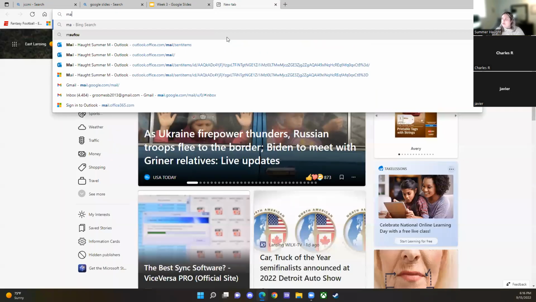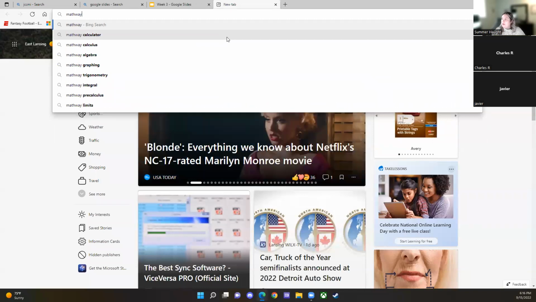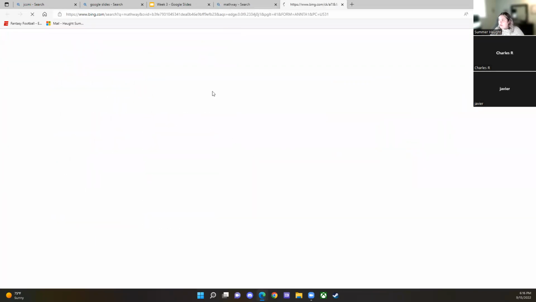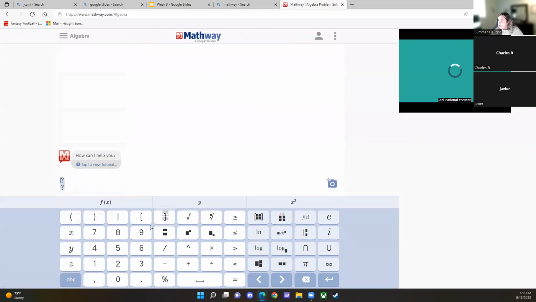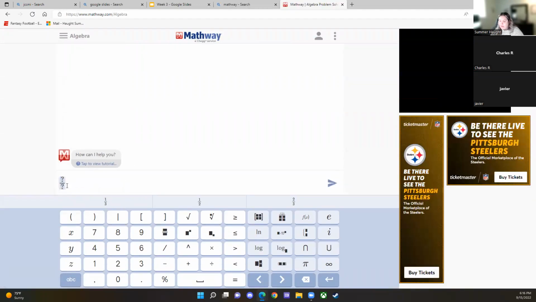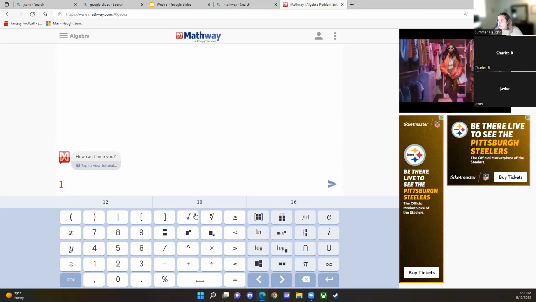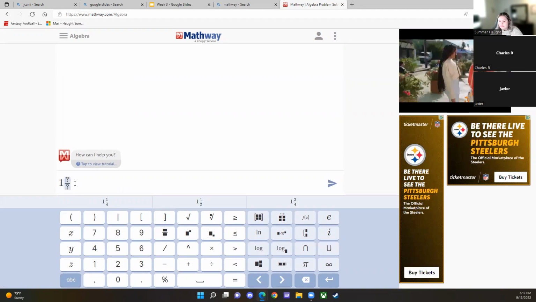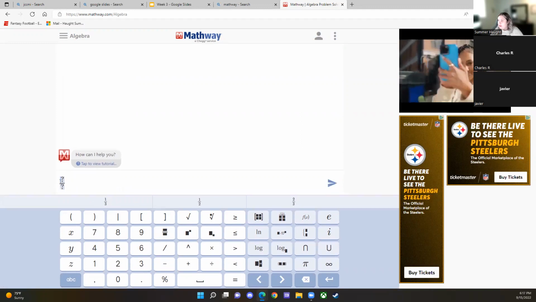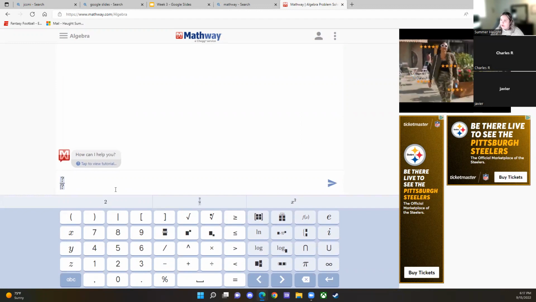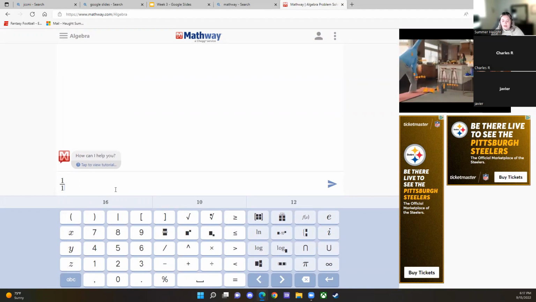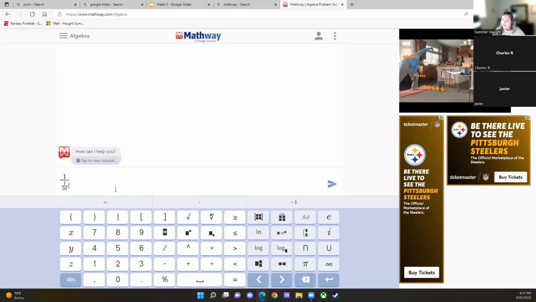And I'm just going to show this in Mathway since that might be easier for you. There is this fraction button here, and you could just type it in like this.